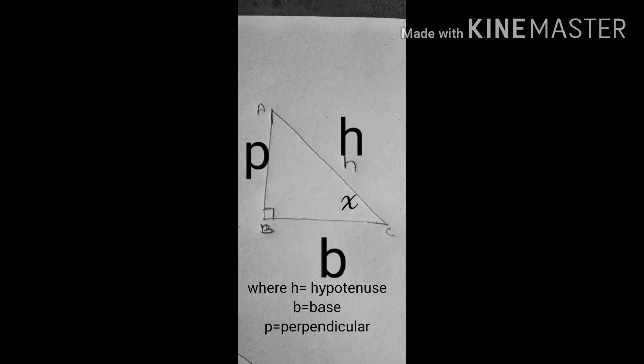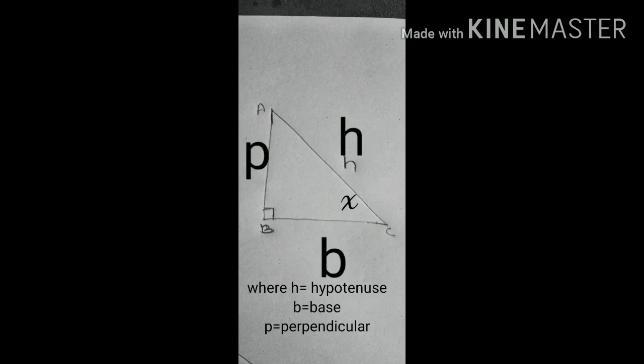From these acute angles, one should be selected, and that angle must be associated with a base and a hypotenuse. Here that angle x contains a base and the hypotenuse.